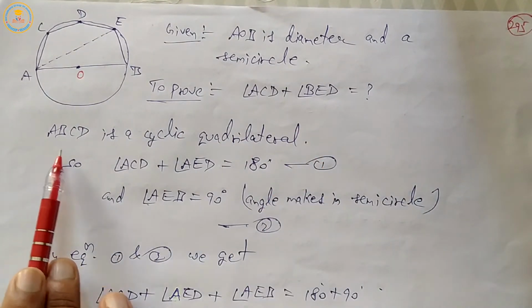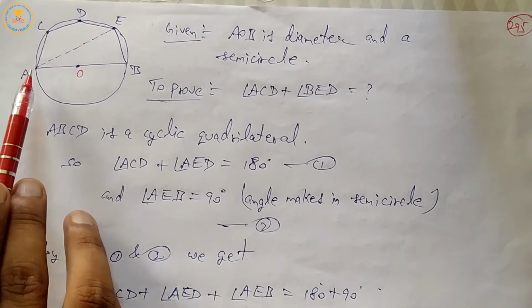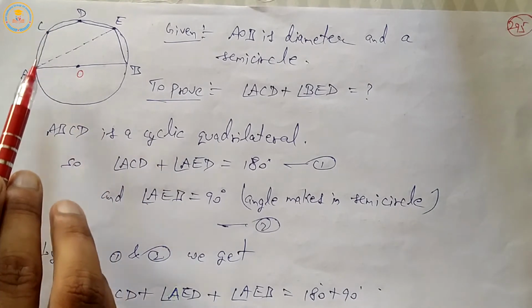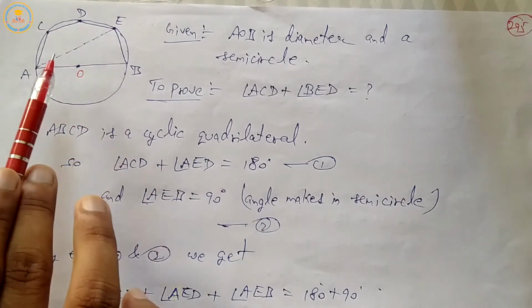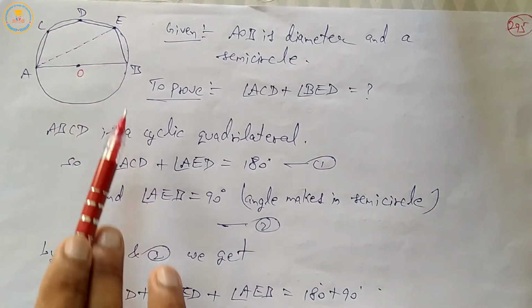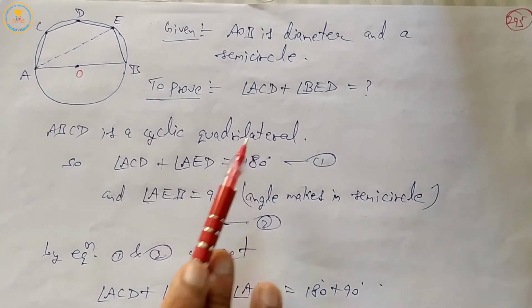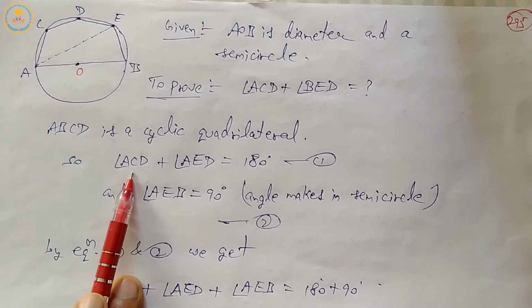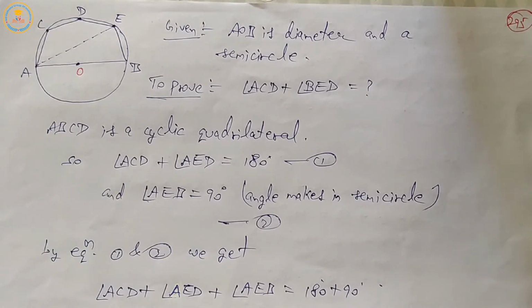Now ACDE is a cyclic quadrilateral. In a cyclic quadrilateral we know that the sum of opposite angles is 180, the same condition.